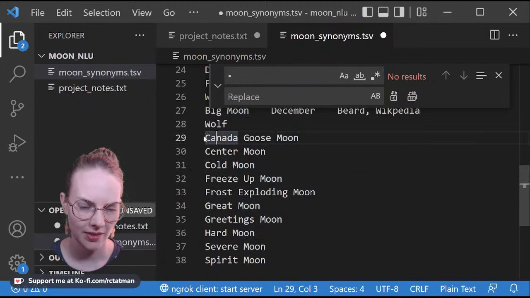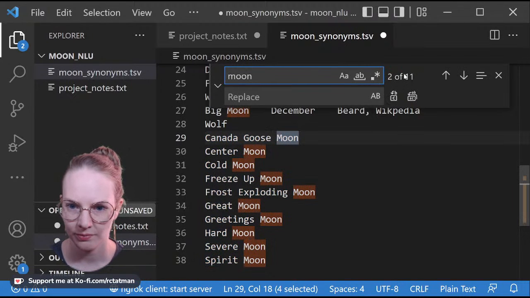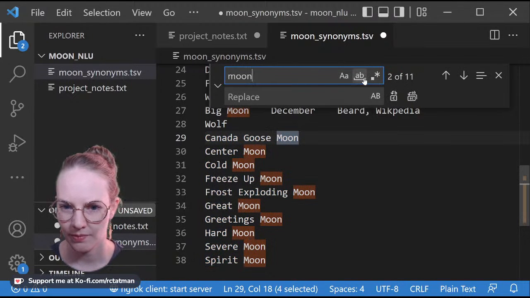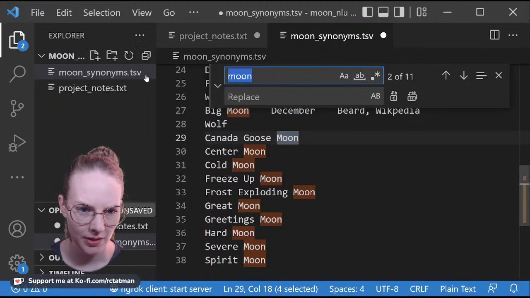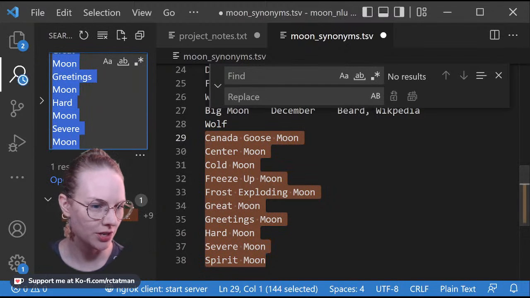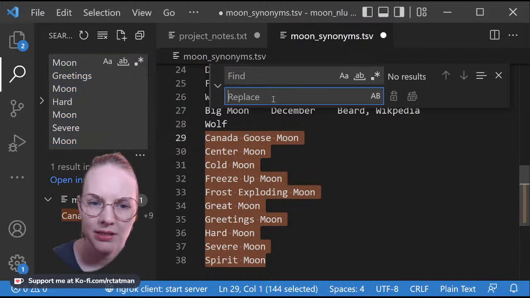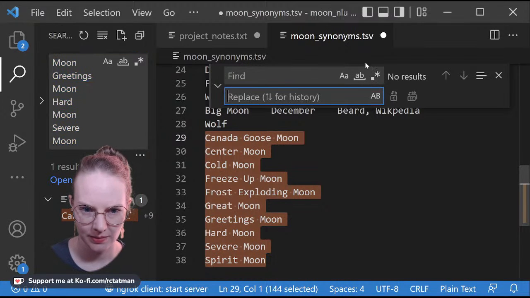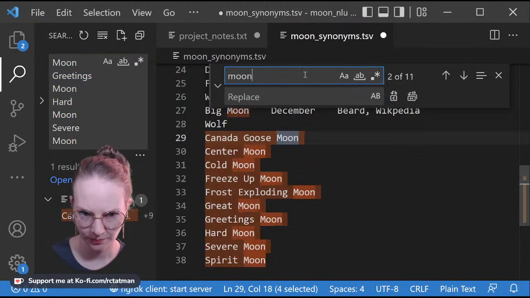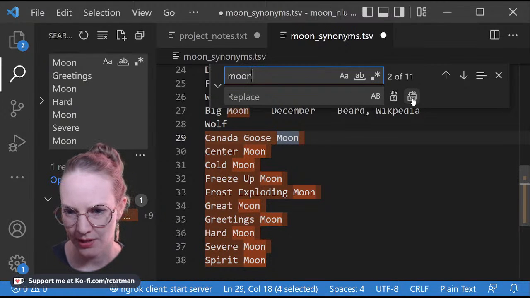And then will this do it in selection? Natural word. Control Shift F maybe? Replace enter, replace all, preserve case.